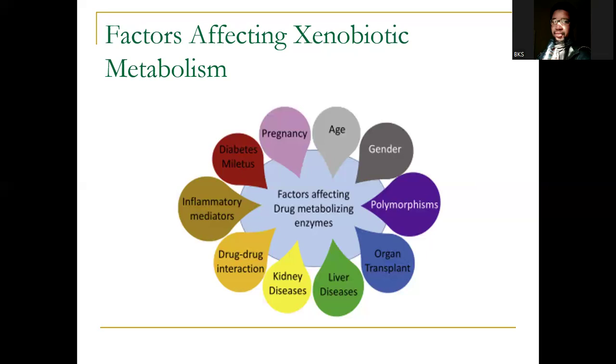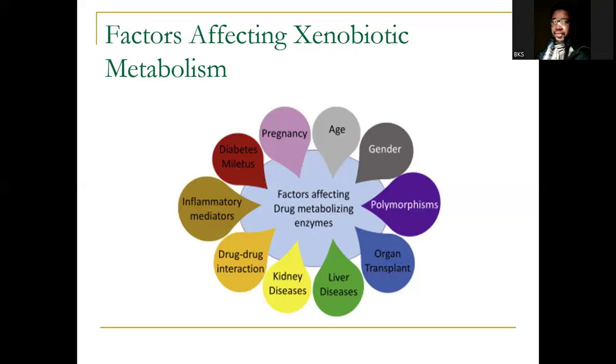And we also talked about how disease can affect the metabolism of xenobiotics. We talked about alteration in hepatic blood flow. We talked about the expression of drug metabolizing enzymes, both phase 1, phase 2, and even the transporters. We talked about bile acid production.